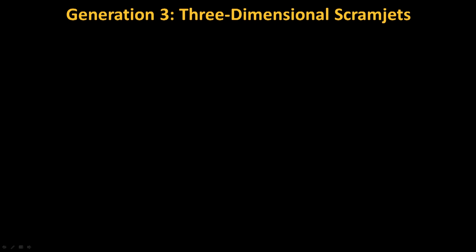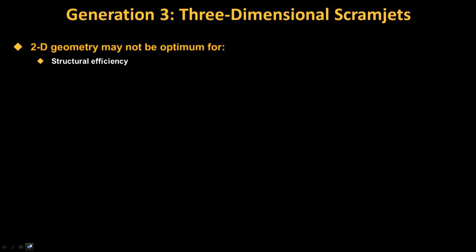The third generation of scramjets involves engines with three-dimensional geometry. These new, more complicated designs have evolved in response to limitations observed in the ground testing of 2D scramjets. Over time, it's been realized that two-dimensional geometries may not be optimum for structural efficiency, robust fluid dynamic performance of the engine, or its overall performance.